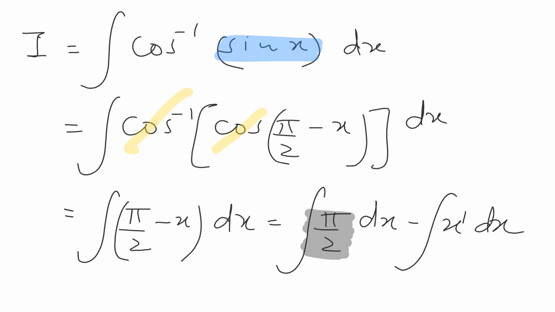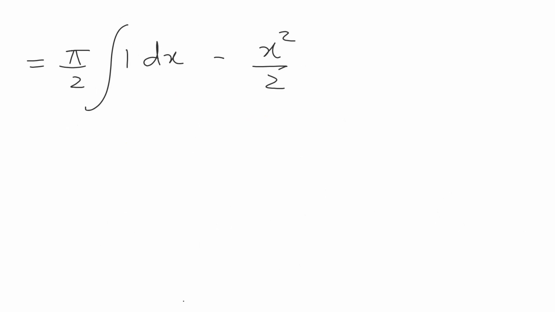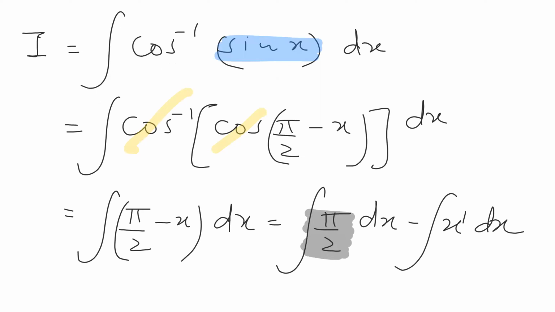That constant has to go outside, and we'll write pi by 2 integration of 1 dx minus x square by 2. Why x square by 2? Because I'll apply here the formula of x raised to n. So it is x square by 2, x raised to n, 1 plus 1 upon 1 plus 1.